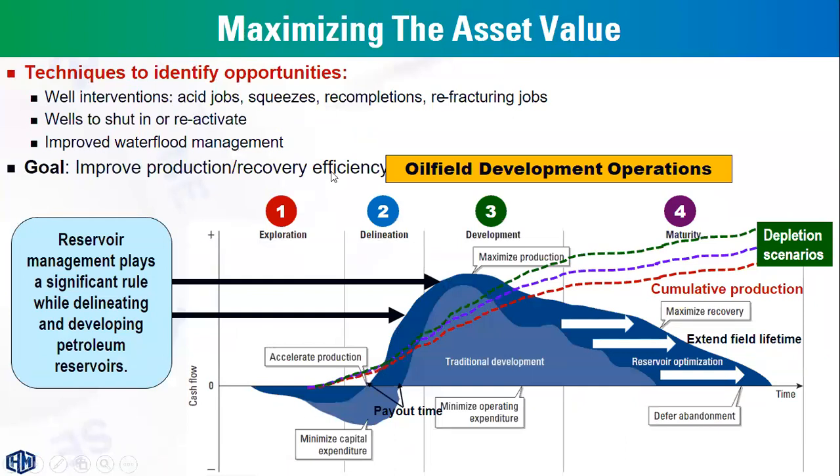So this is the typical field performance, highlighting 4 different phases from exploration to maturity. As you can see, on the y-axis we have cash flow against time. In the exploration phase, we typically have negative cash flow because we have more capital cost, capex, more investment for acquisition of the license, seismic processing, interpretation, and so on.